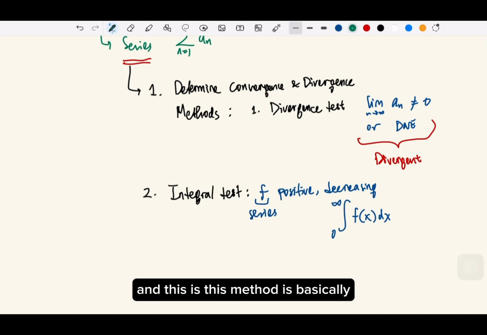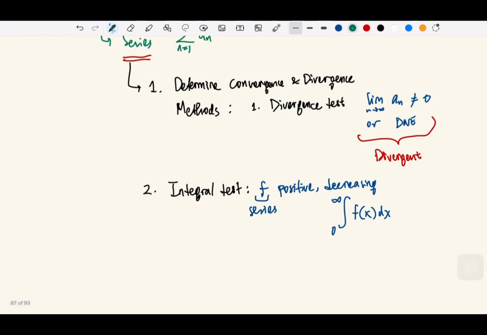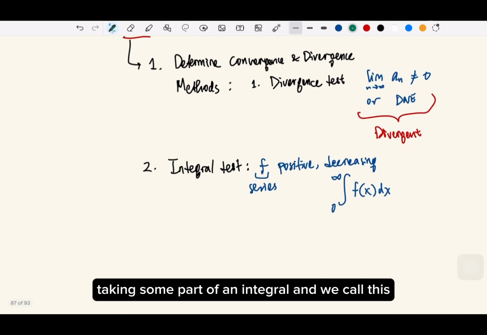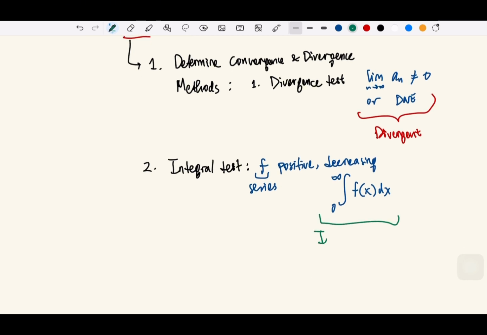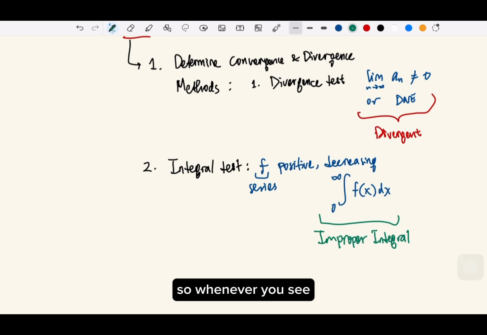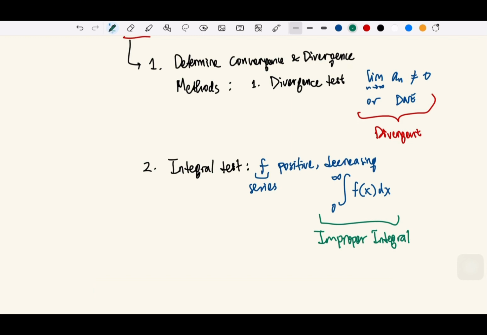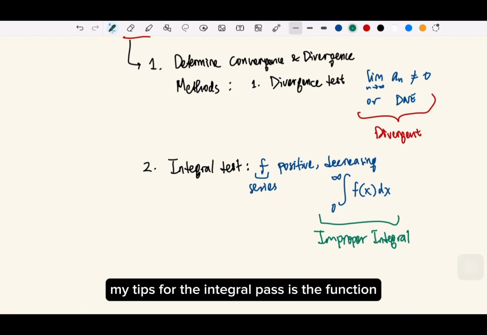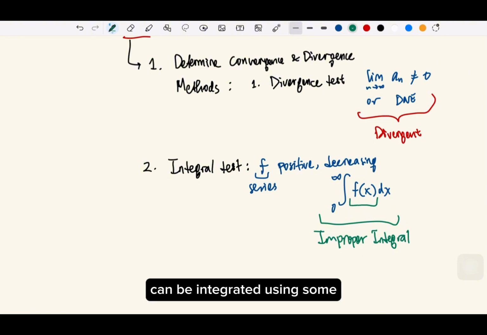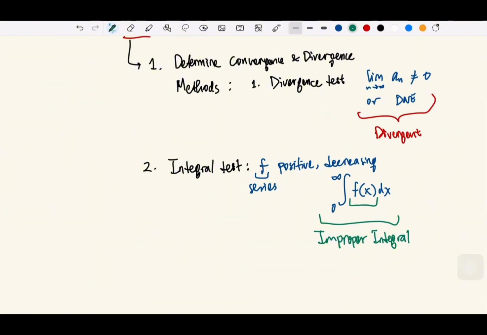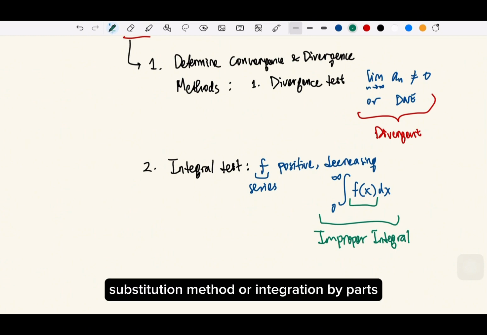And this method is basically taking some part of the integral, and we call this the improper integral. So whenever you see some function that is decreasing and positive, my tips for the integral test is the function can be integrated using some substitution method or integration by parts.